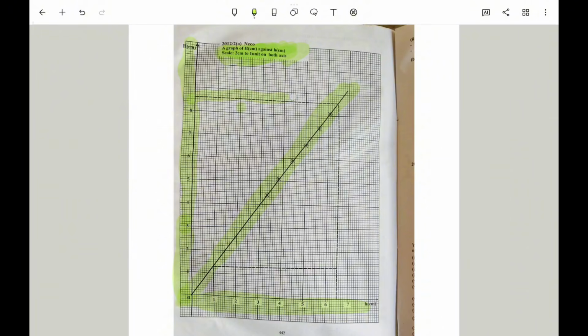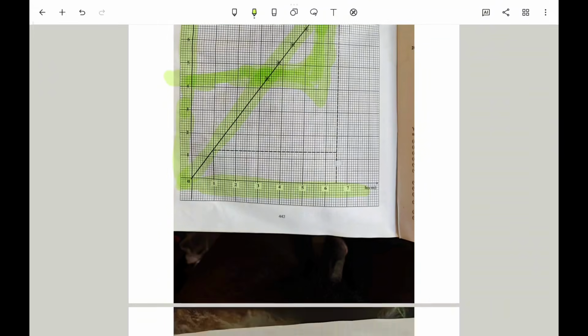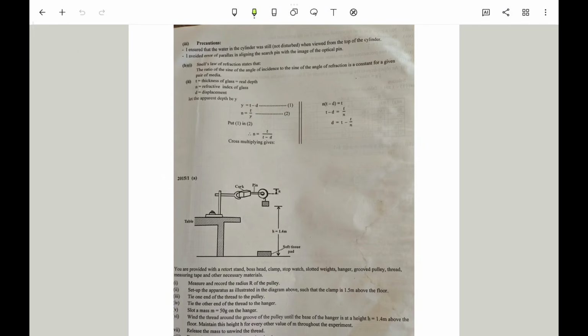And if you're able to pick up your gradient, please pick any 2 points from the line of best fit and then draw your slope out. Is that clear? So once you're able to do this, you are able to get your slope when it comes to the calculations.